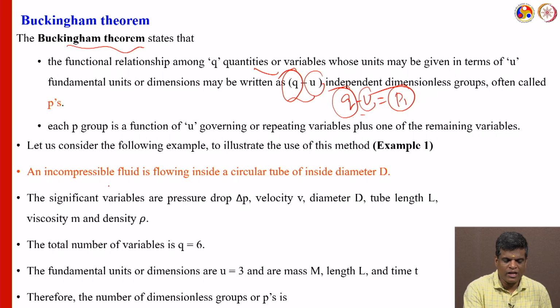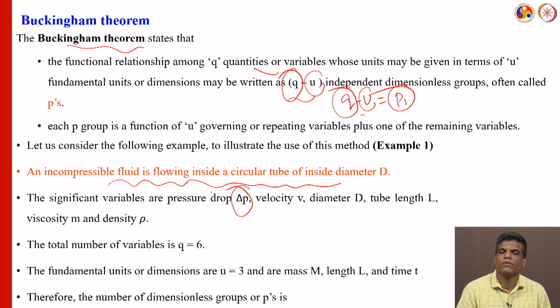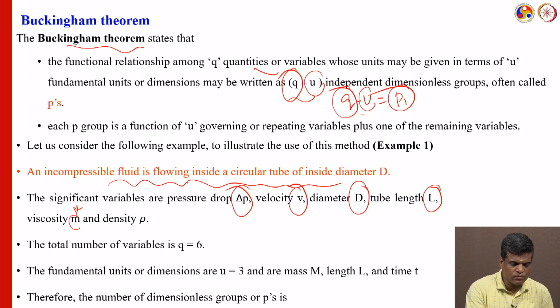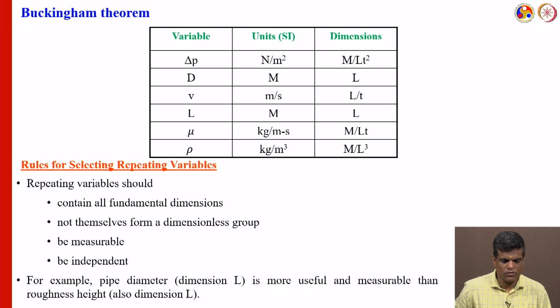For example, take an incompressible fluid flowing inside a circular tube of inside diameter d. The variables are the pressure drop, the velocity v, the diameter d, the tube length L, the viscosity mu, and rho, the density.